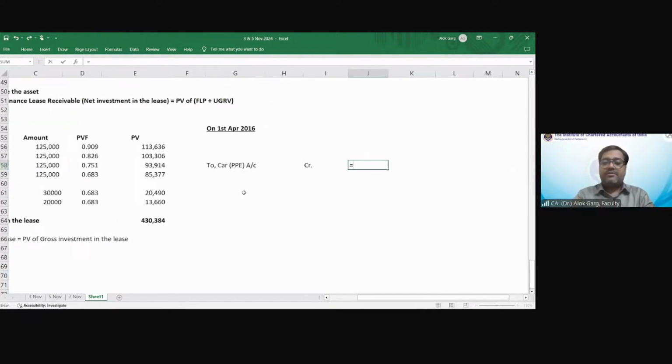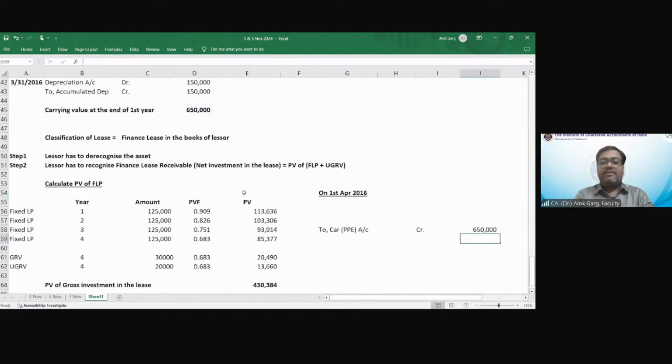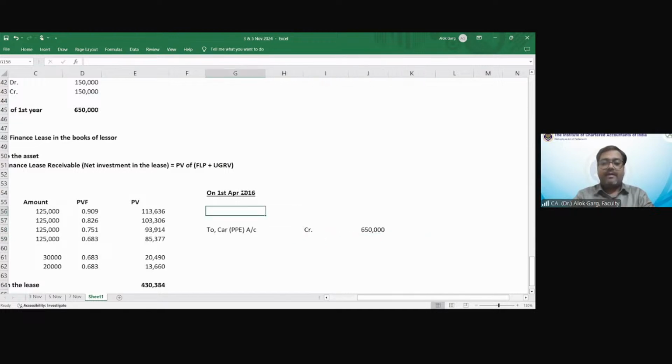By how much amount do I need to credit car PPE? कितने amount से? First year के end पे carrying value कितनी? 6,50,000. I will debit what? I will debit net investment in the lease, or I can call it finance lease receivable also. How much? 430,384.